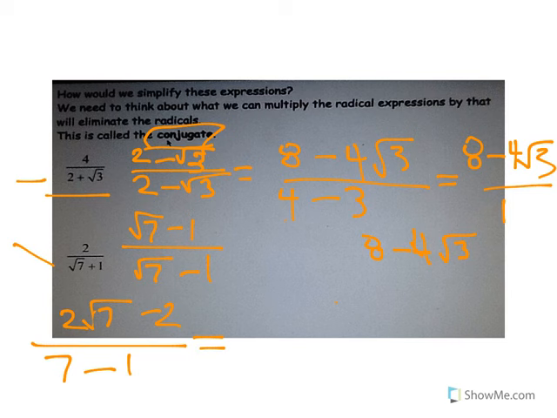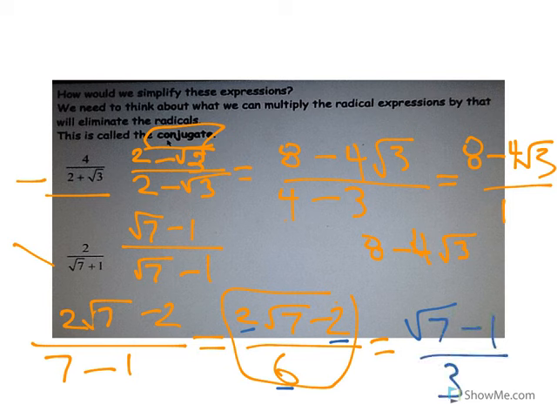You're always going to end up with whole numbers on the bottom if you do it the right way. 2 radical 7 minus 2, all going to be over 6. And then I can simplify this because 2 goes into all 3 of the things here. 2 goes into this, 2 goes into this, and 2 goes into this. So I can divide everything by 2, and I end up with radical 7 minus 1 over 3. And that's my simplified form.